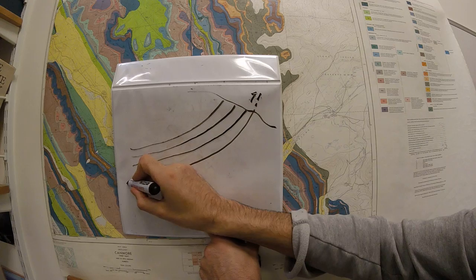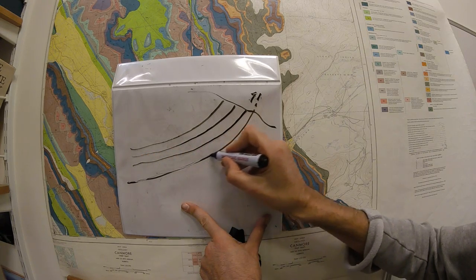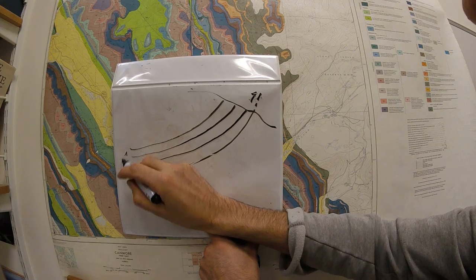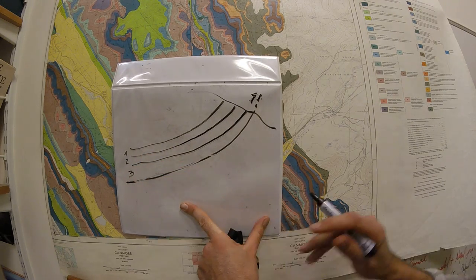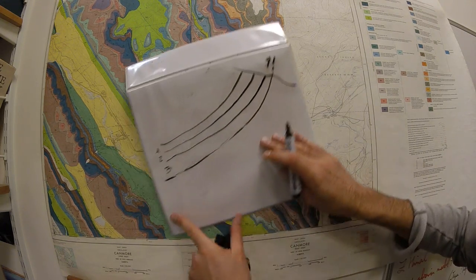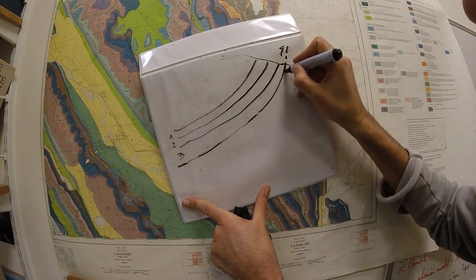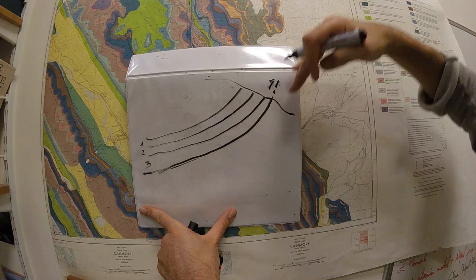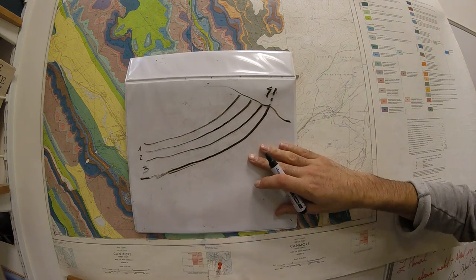So the thrust itself is sort of rooted into the same rock type. So let's say that we've got rock number 1, 2, 3. And in this case, that thrust is following, rooting itself in the same rock type.